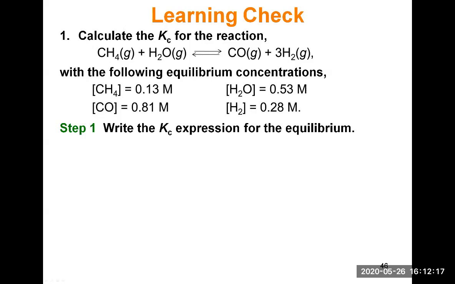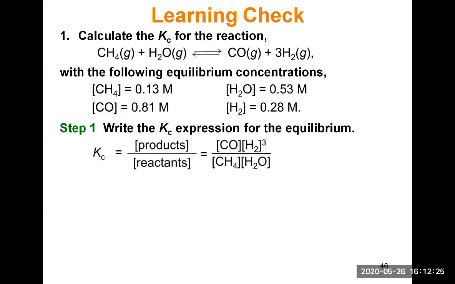So you will have concentration of CO times concentration of H2 cubed, because you have 3 molecules of H2 produced. The coefficient of 3 becomes an exponent for the concentration of H2, over the concentration of reactants, CH4 times H2O. Both have coefficients of 1, so you don't need to raise them to a power. That's the expression of the equilibrium constant.